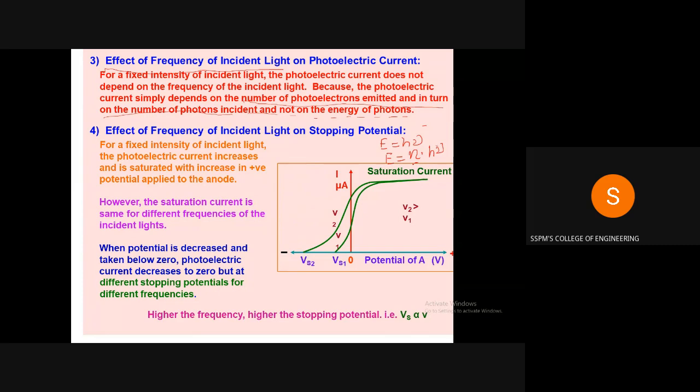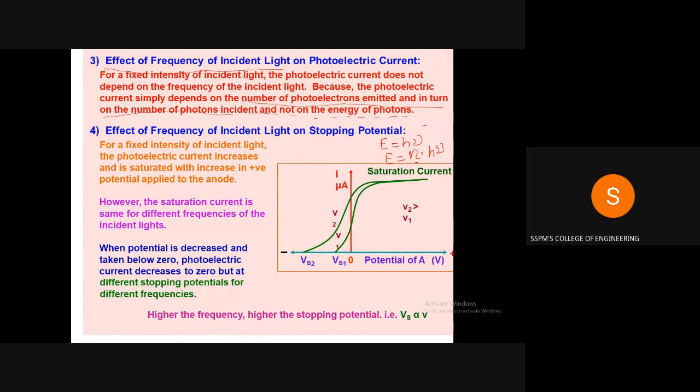ओके, so for a fixed intensity of incident light, the photoelectric current does not depend on frequency of incident light because photoelectric current simply depends on number of photoelectrons emitted and in turn on number of photons incident and not on energy of photons.